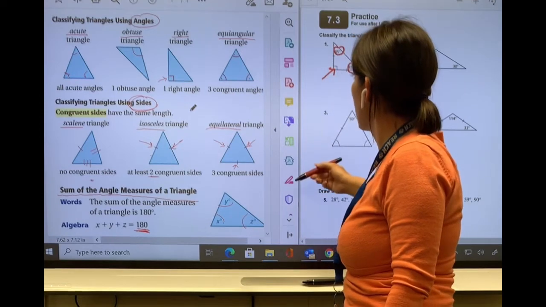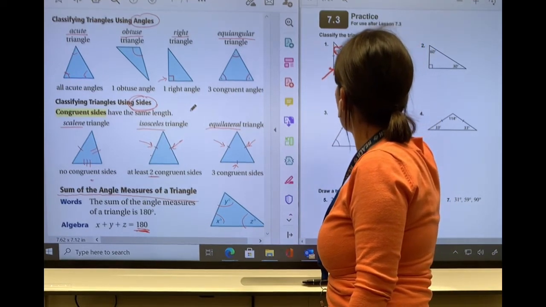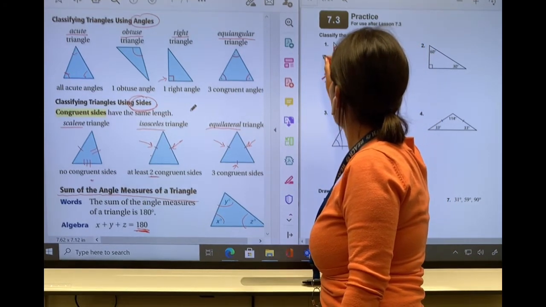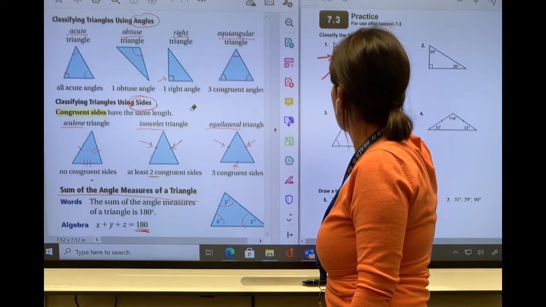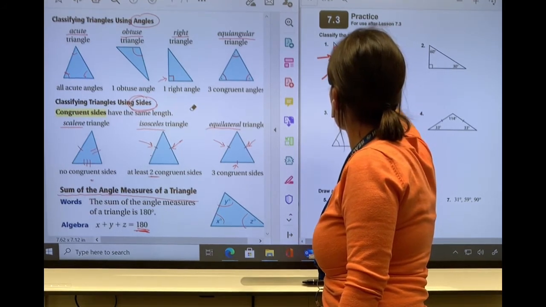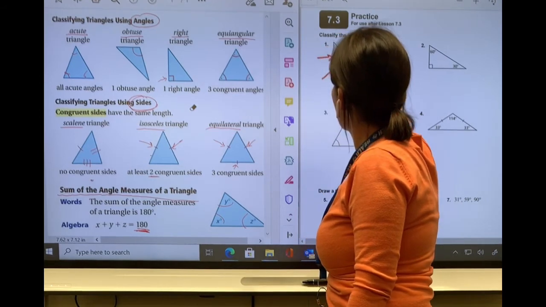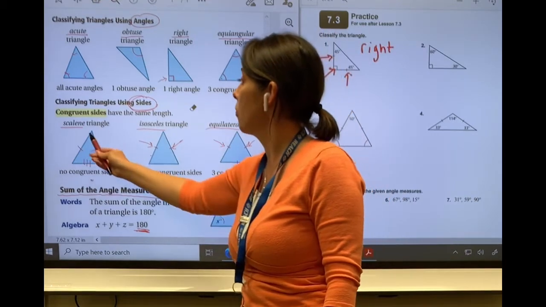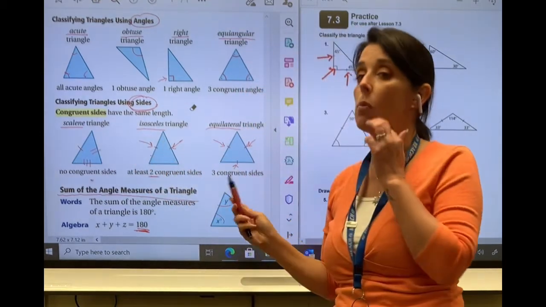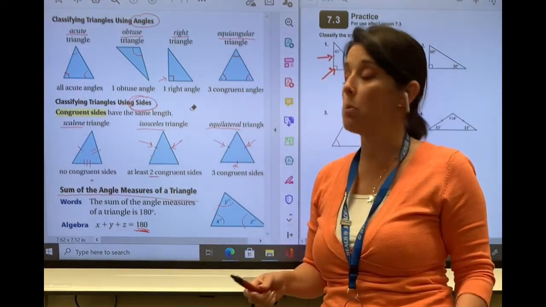Now we're going to look at our sides. So you can see right here, that little mark and that little mark tell me that those two sides are the same. So I'm going to look at each of my classifications and see if I can find one that talks about the two sides being the same.